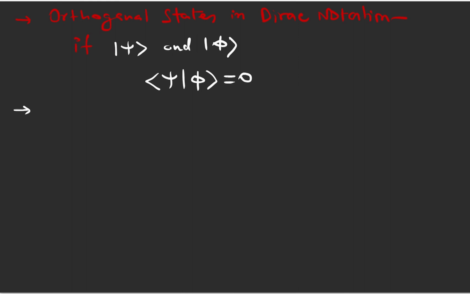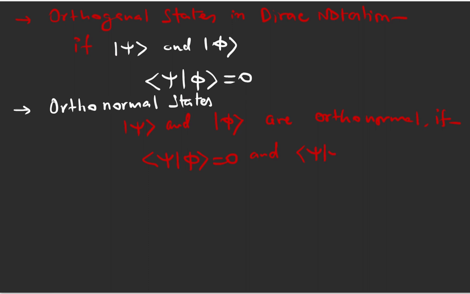Next is orthonormal states. Two kets psi and phi are said to be orthonormal if each one of them has a unit norm, that is, bracket psi phi is equal to 0 and norm of psi is equal to 1 and norm of phi is equal to 1.